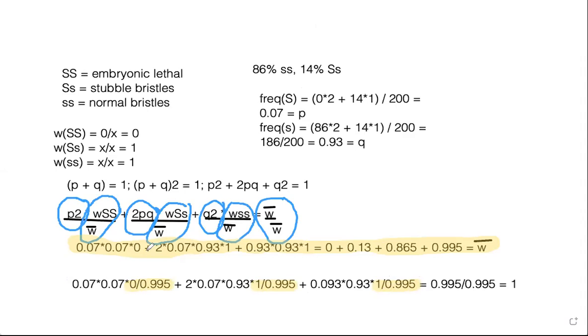If all of the relative fitnesses were the same, then all of these things that I've just highlighted would be 1, and we'd be back in Hardy-Weinberg land where there wouldn't be any selection happening. But the fact that these are different is how you model selection having differential effects on different genotypes.